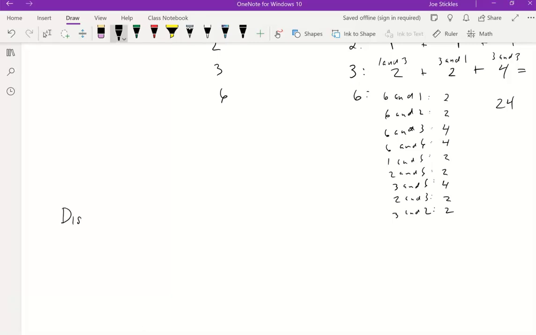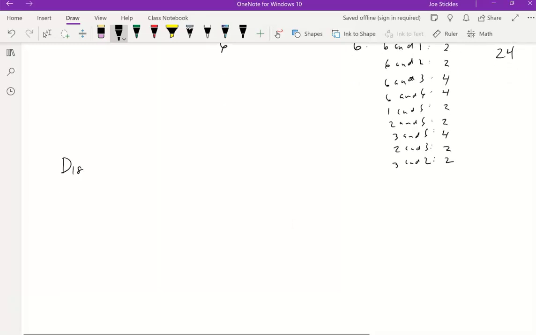D18. Remember your dihedral groups? Half of your elements are what type of things? And the other half are reflections, right? How many reflections are there? It depends on the dihedral group, right?